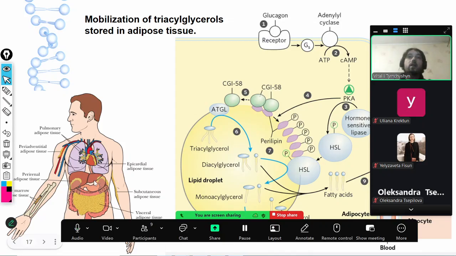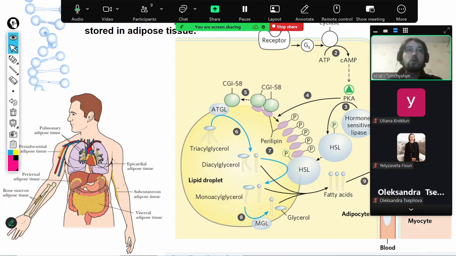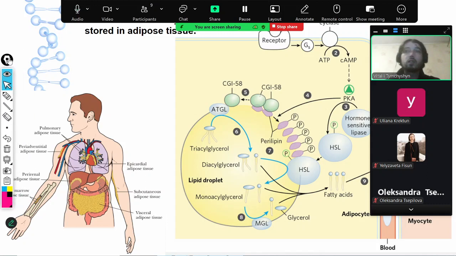That's adipose tissue, and here you see on this image the different parts of that adipose tissue. It's almost everywhere. You see we have that even in the bone marrow. In some places in the organism we have more of that, in some we have less, but we have adipose tissue almost everywhere.